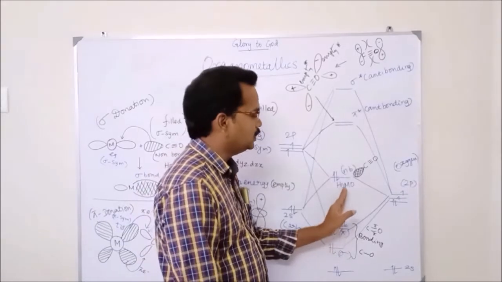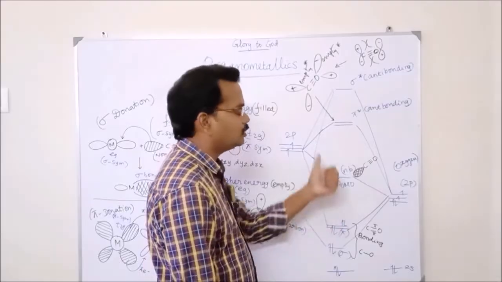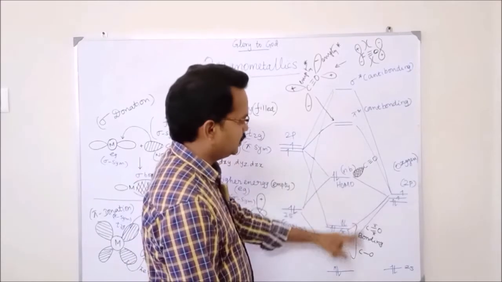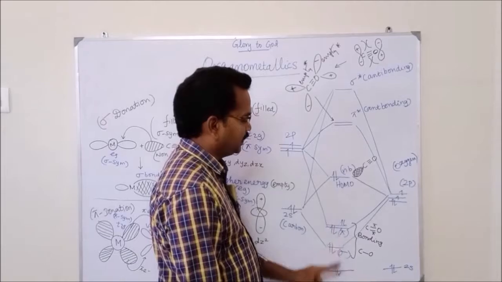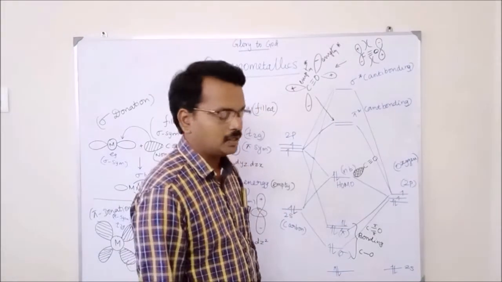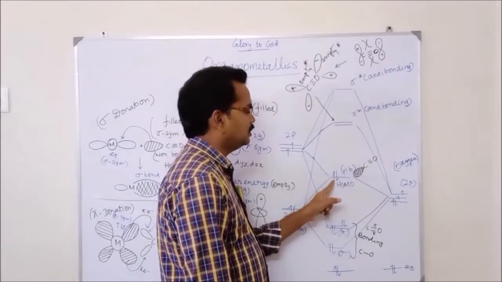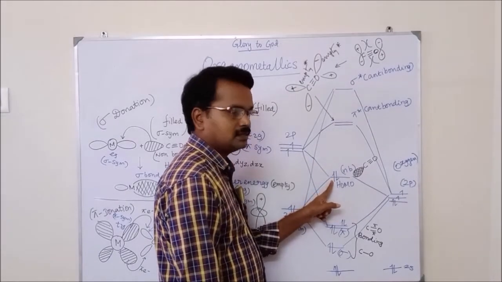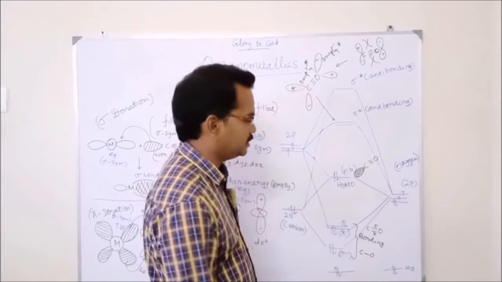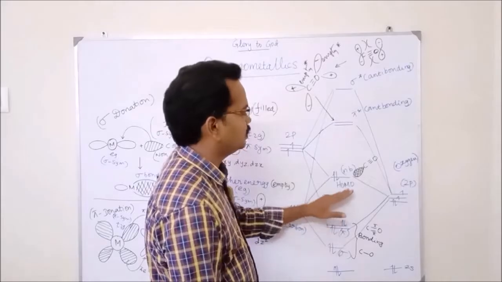Why does the term HOMO come here? HOMO means highest occupied molecular orbital. Here you can see that all the bonding molecular orbitals are filled, and among all the filled orbitals, this orbital is placed at the highest energy. Therefore it is called the highest energy occupied molecular orbital, simply HOMO.